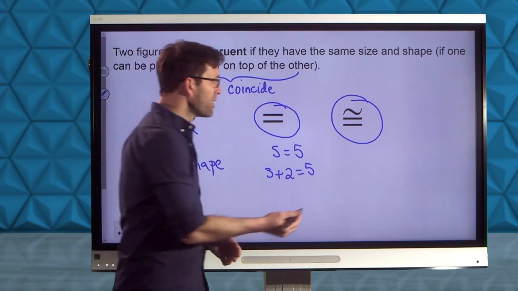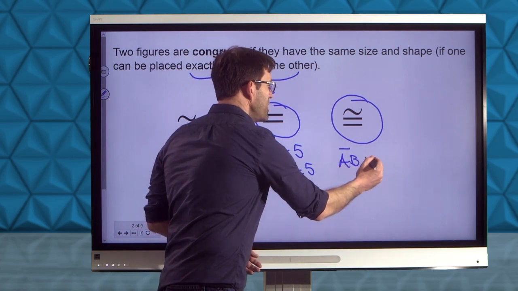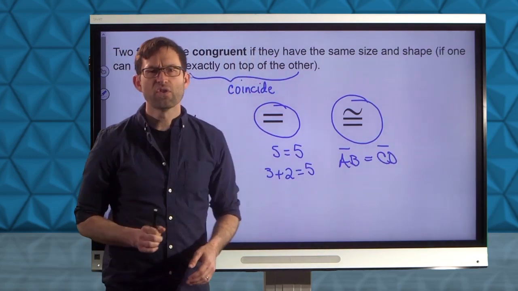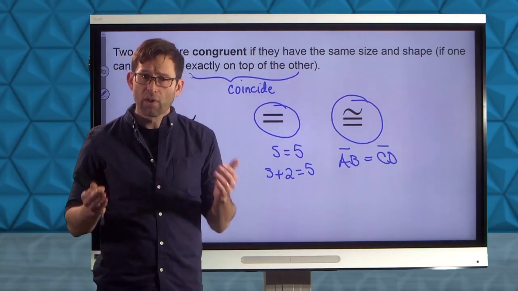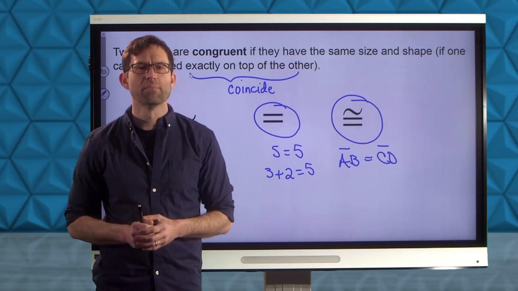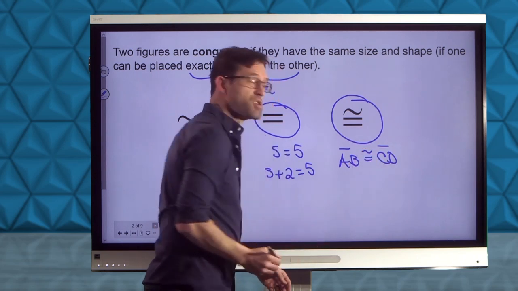But technically speaking, it's really quite strange to say something like line segment AB equals line segment CD. That's a strange thing to say because they're line segments, right? So what would it mean for two line segments to be equal? So instead of doing that, we say that two line segments are congruent.